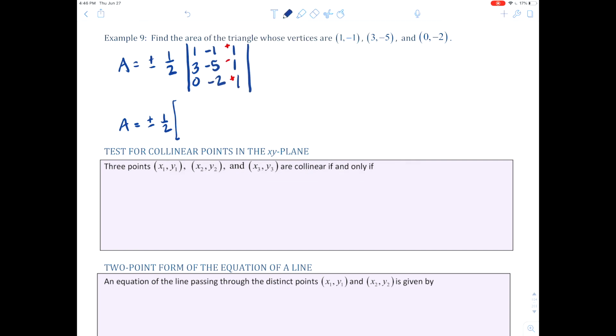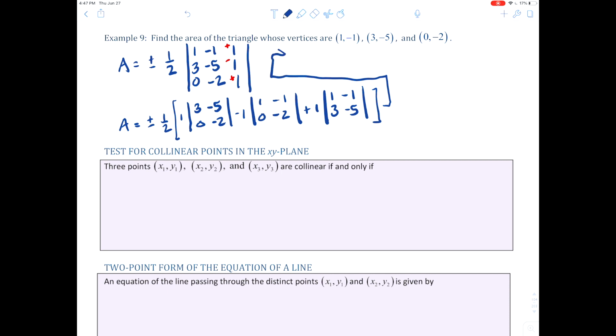And we'll have 1 times the determinant of 3, -5, 0, -2, minus 1 times the determinant of 1, -1, 0, -2, plus 1 times the determinant of 1, -1, 3, -5. And so our area will be equal to plus or minus 1/2 times.